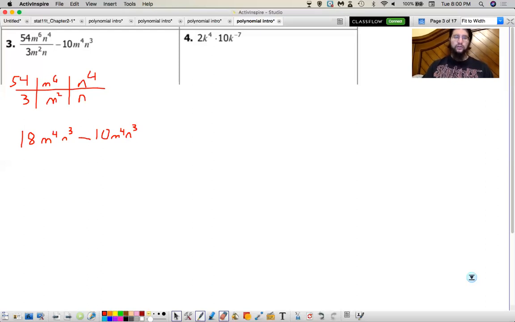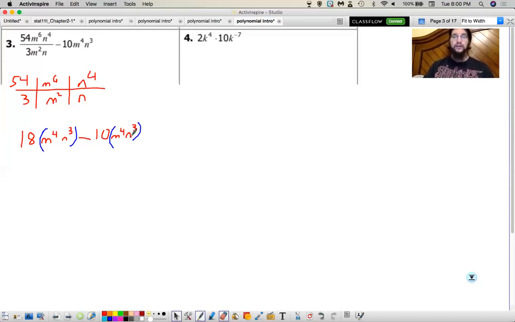So let's look at what we have. We have 18 m to the 4th n cubed minus 10 m to the 4th n cubed. Think about these as like your object, your item, your units even. You've got 18 things minus 10 things. So if you have 18 dogs and I kill 10 of your dogs, you have 8 dogs left.